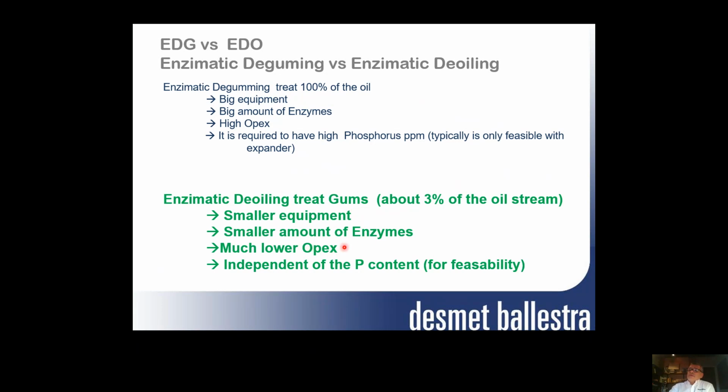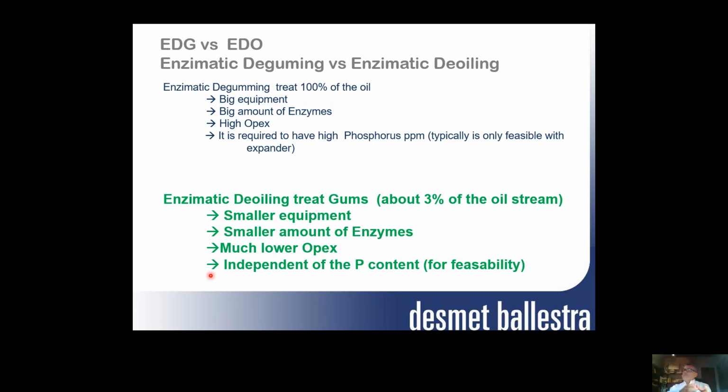And what is very important as well is that it is independent of the phosphorus content. So if you have in your plant whether expanded or flakes, in terms always we are talking about soya, not only, but okay, it's one of the most important seeds.